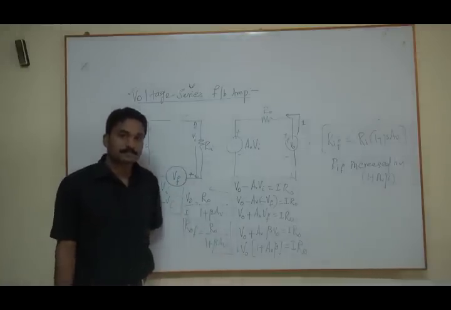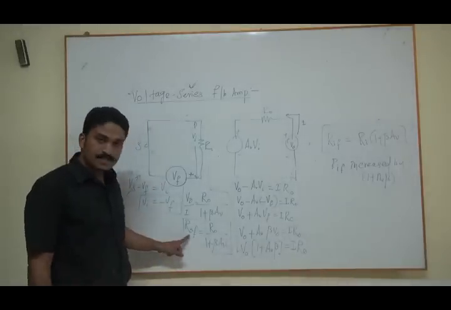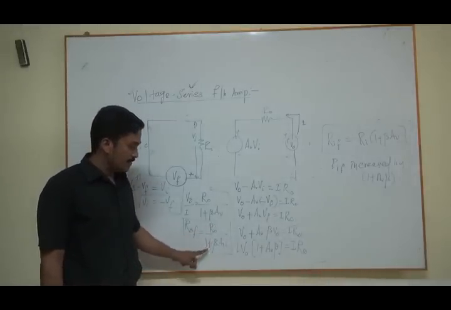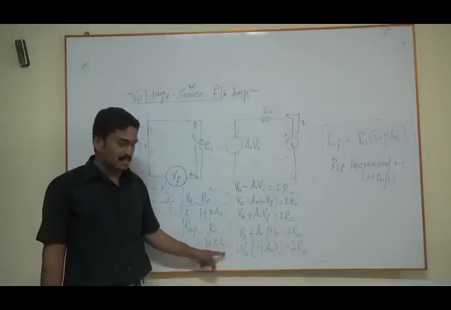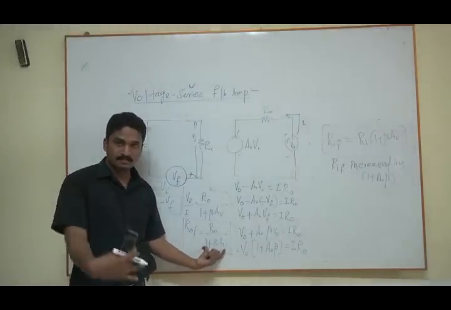Simple. So your output side resistance R naught F is equal to R naught divided by 1 plus beta AV. So now this beta AV is in the denominator.